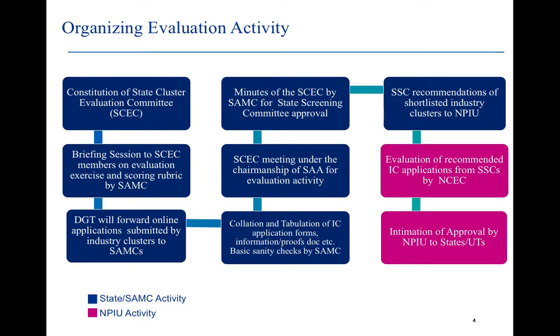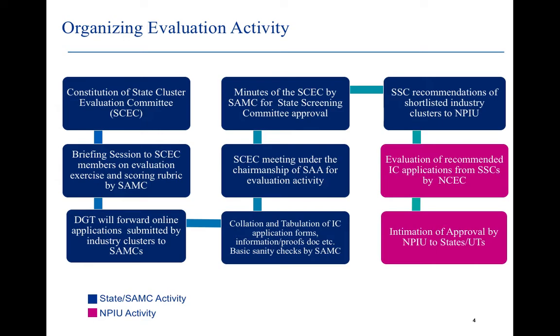The state steering committee, which is chaired by the principal secretary or commissioner of the state, will finally give a go-ahead on the shortlisted industry clusters evaluated by the SCEC and submitted by the SAMC, and in turn the SSC will formally recommend them for further evaluation to NPIU.